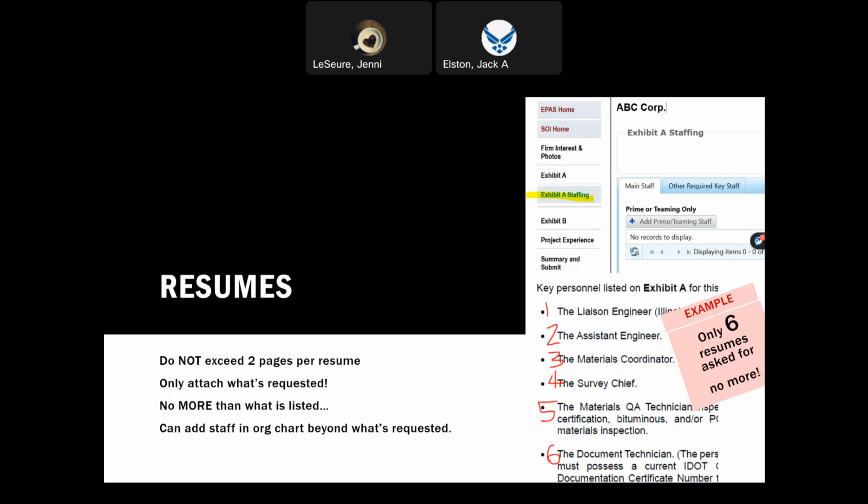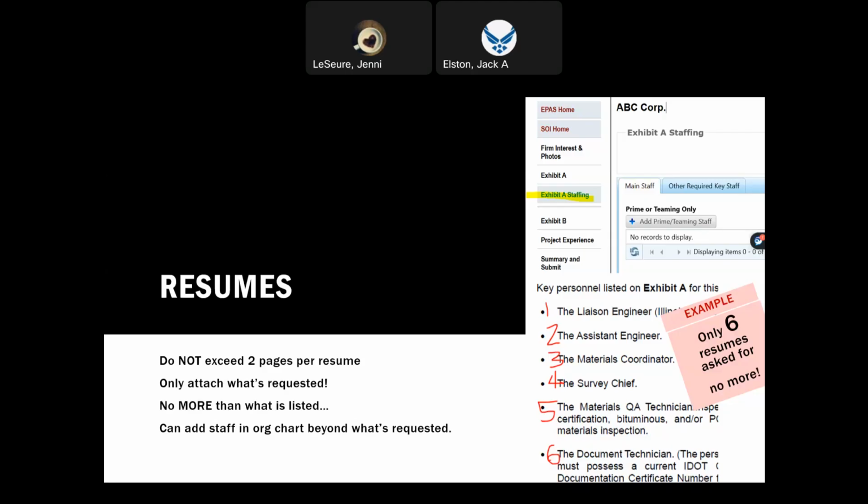Which segues to resumes. Do not exceed 2 pages per resume and only attach what's requested. I think I do have these questions every PTB. Can I include more people? And my answer is always no. If the district only put 2 people under Exhibit A, that's all they want to see. Do not include 5 people. If you want to include extra people, you can include them in your org chart, but do not include their resume behind the org chart.